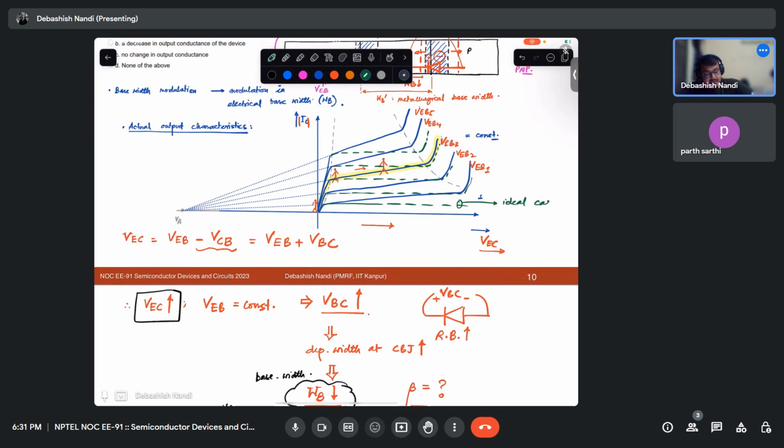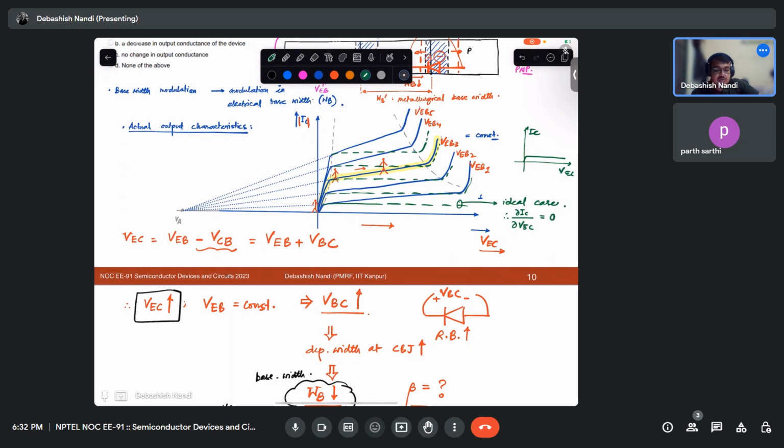In that ideal case, what is your DIC over DVEC? If your current characteristic is like that, IC versus VEC, what is the slope?